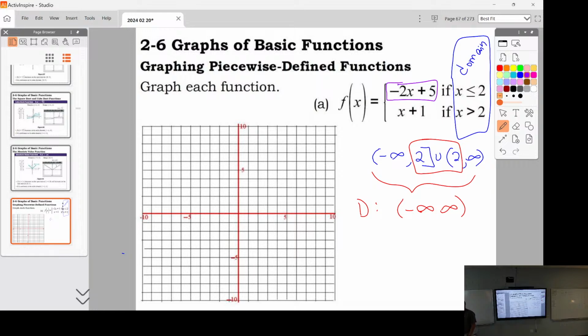That's all we're going to do is we're going to graph that. Y-intercept is 5 with the slope of -2, meaning from there go down 2 over 1, down 2 over 1, and so on.